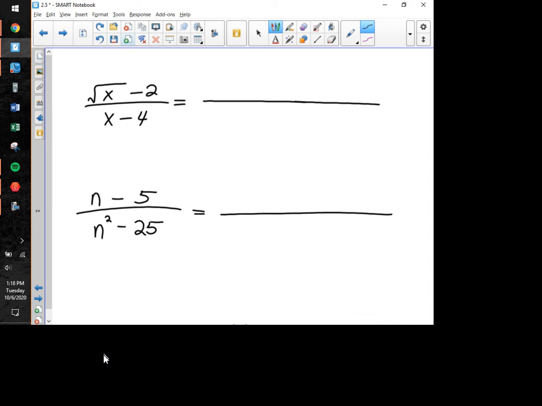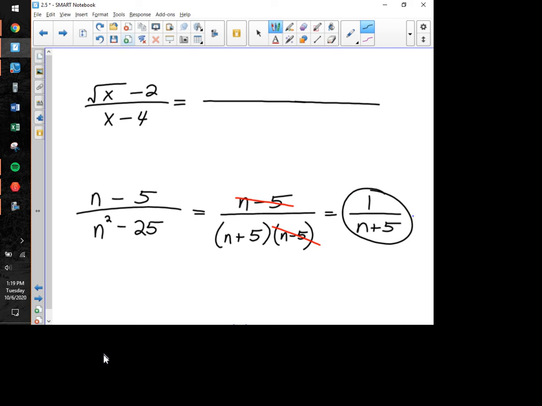You can't do a thing with n minus 5, so it stays the same. But we have a difference of squares on the bottom of n plus 5 and n minus 5. The n minus 5s in their entirety cancel out, leaving us with a 1 on the top and an n plus 5 on the bottom. And that's all you can do to simplify that expression.